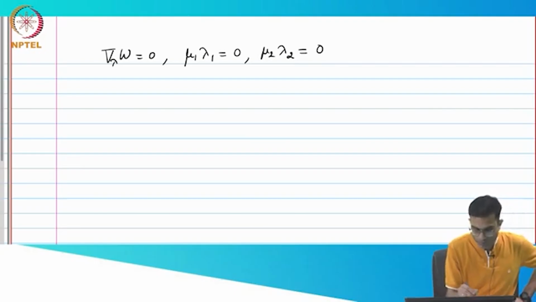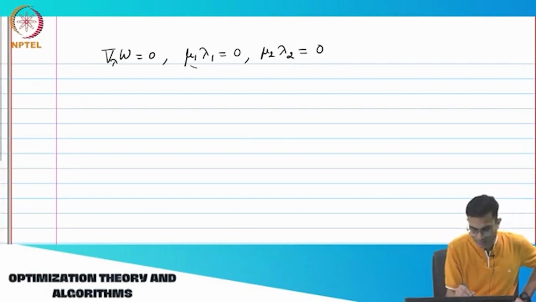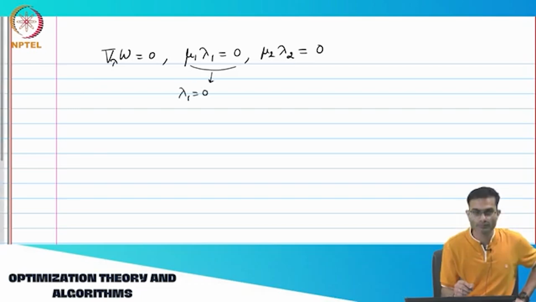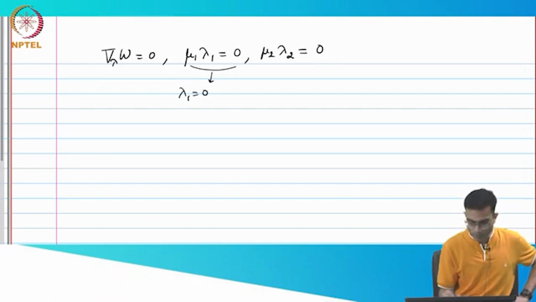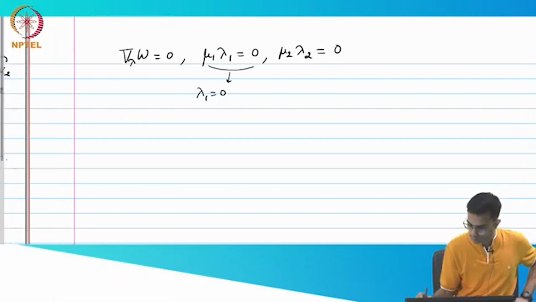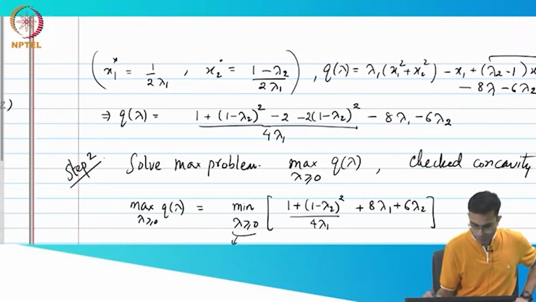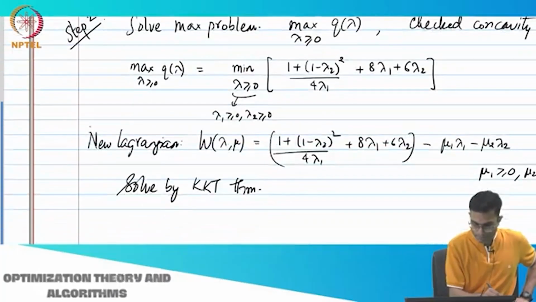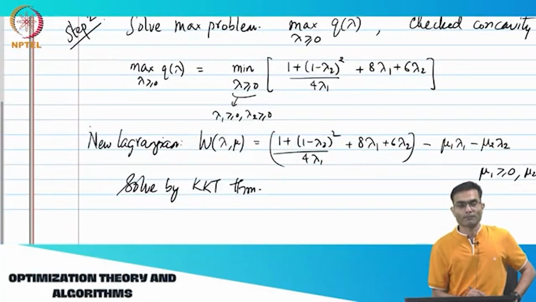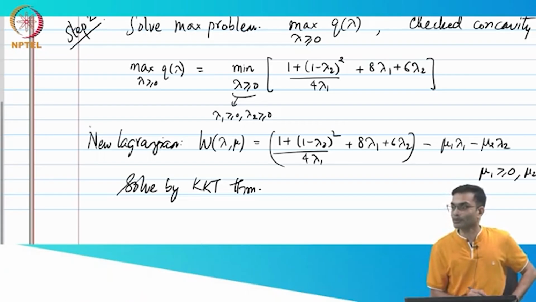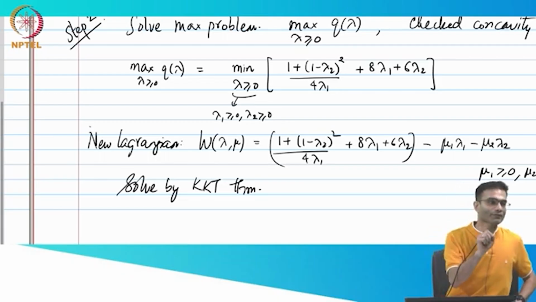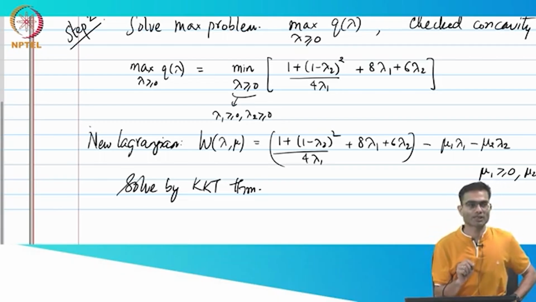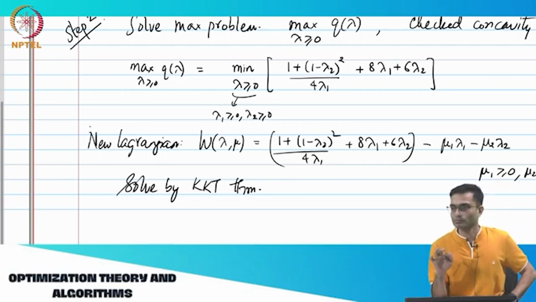So before we find this gradient, let's look at this. Lambda 1 equal to 0. Is it allowed? Actually, it's not going to be allowed because why? Because 1 by lambda 1 is there, right? So lambda 1 equal to 0 needs to be excluded from the domain of Q. So that's why lambda 1 equal to 0 is not allowed, right?